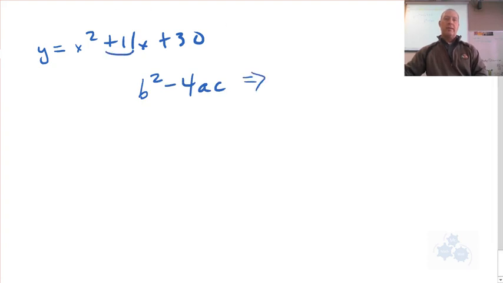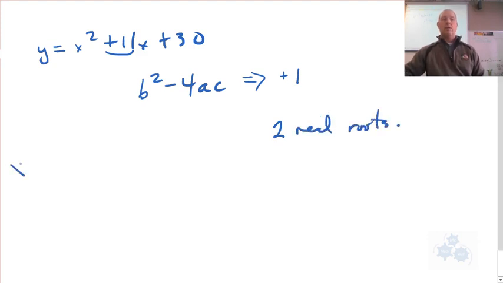Well, 11 squared is 121, minus 4 times 1 times 30, so that's minus 120. So b squared minus 4ac is going to be positive. We have 121 minus 120, so this is 1. It's a positive value. So we have 2 real roots.